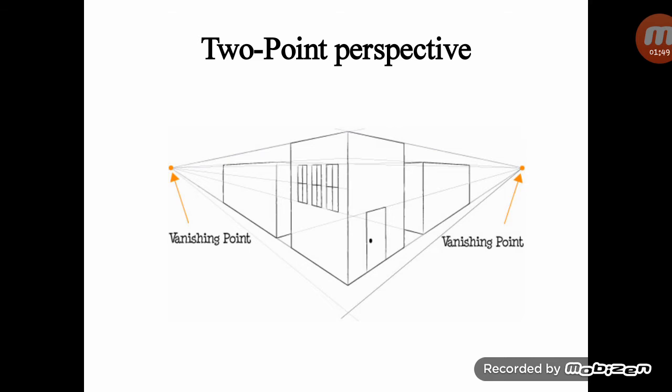This artwork is using two-point perspective, in which every part is measured from the two points to create an accurate perspective drawing. Lines look like they are meeting at two points on the horizon line.